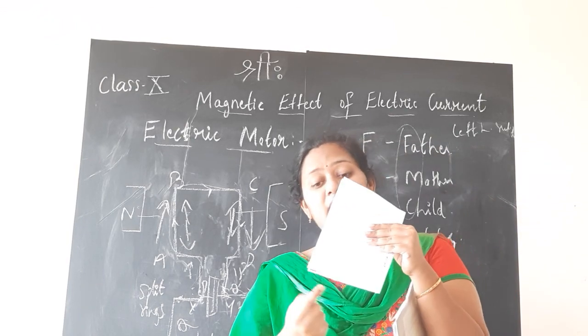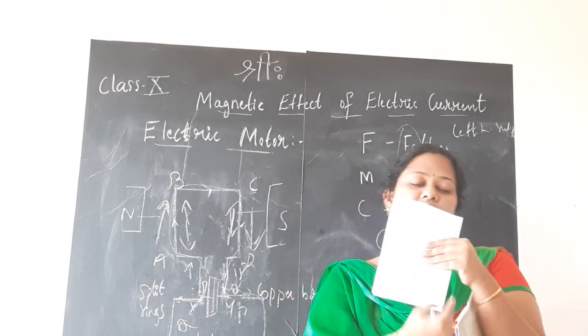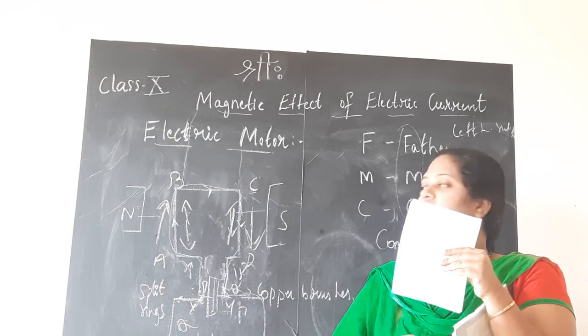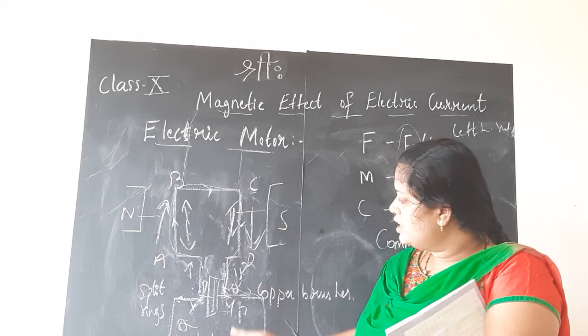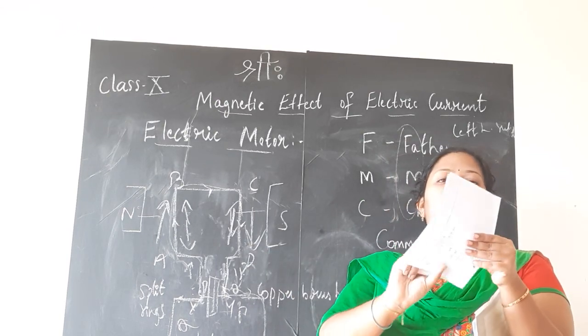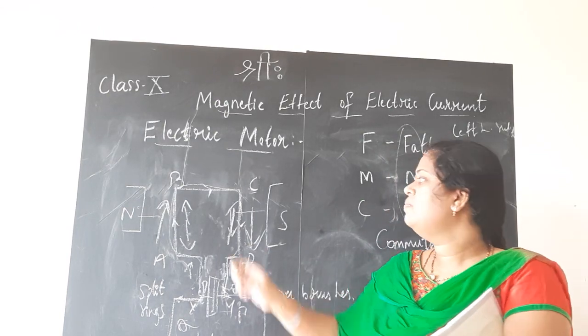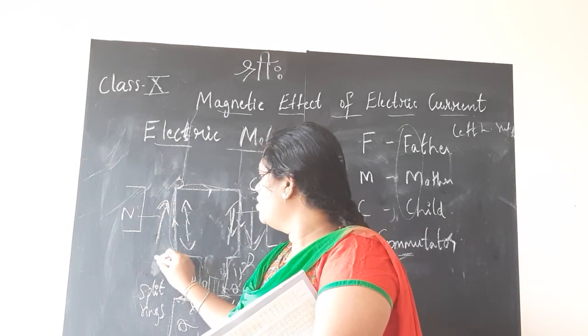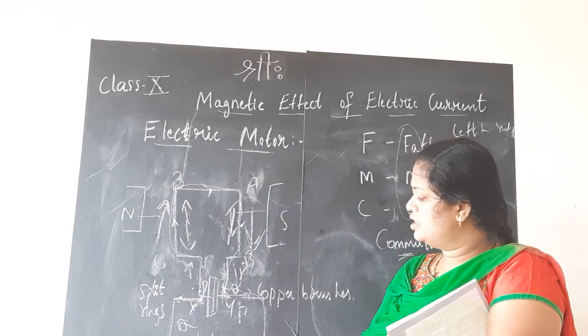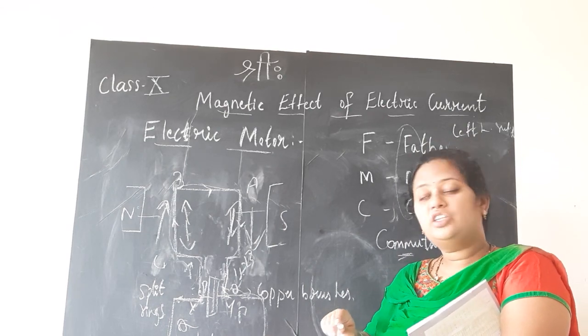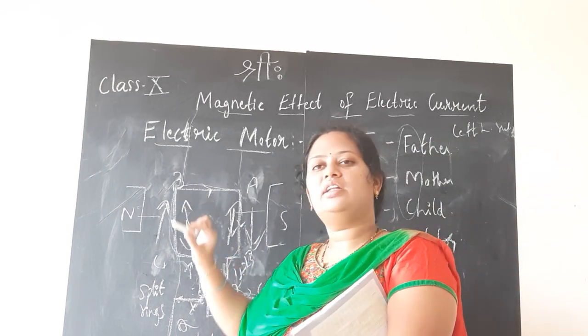Now arm CD will come towards the positive of the battery, whereas arm AB will come towards the negative of the battery. Before, AB was towards the positive of the battery, CD was towards the negative. After half the rotation, what happened? CD came in contact with the positive of the battery, and AB is now in contact with the negative of the battery. So the direction of current will now reverse again in the circuit.